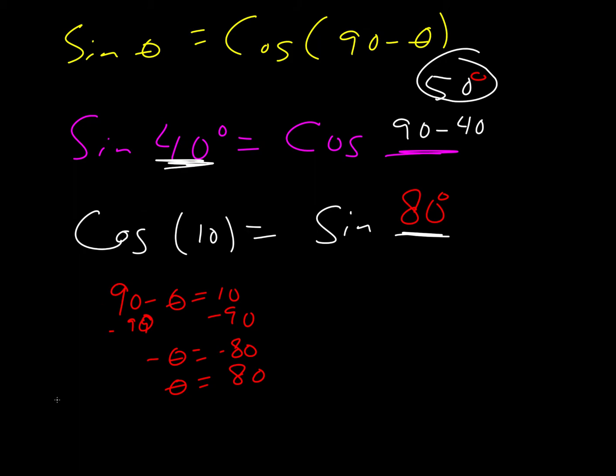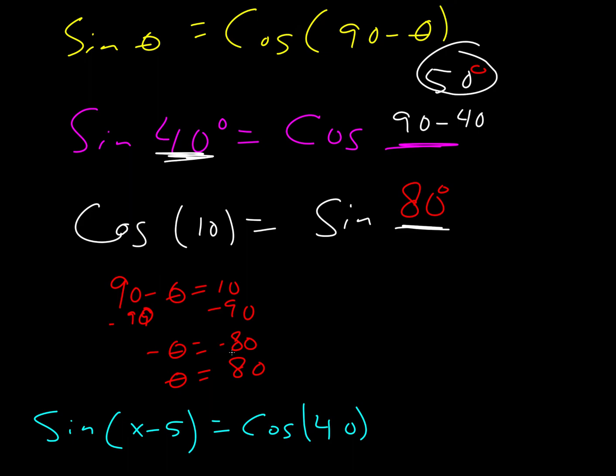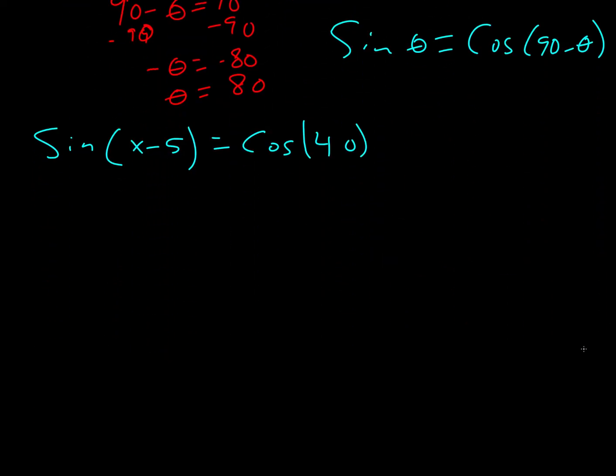All right, now we're going to do problems where we need to solve for x. I'll write this again: sine theta equals cosine 90 minus theta. When we're given this, we know that this is our theta, so theta is equal to x minus 5.